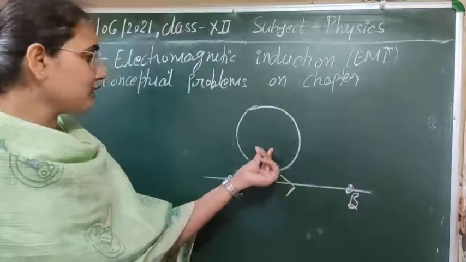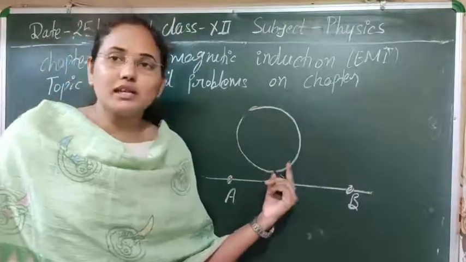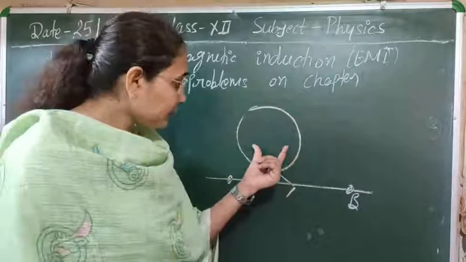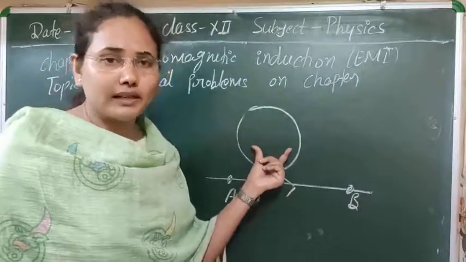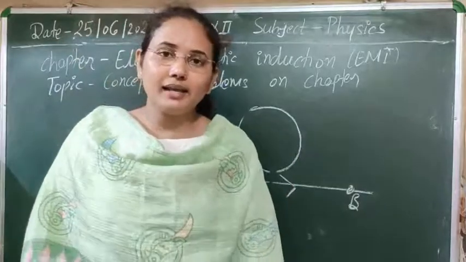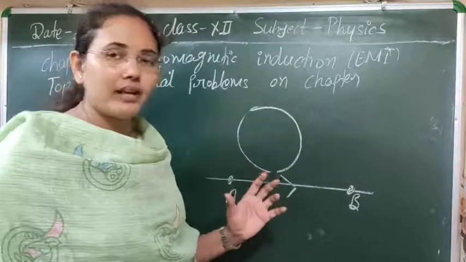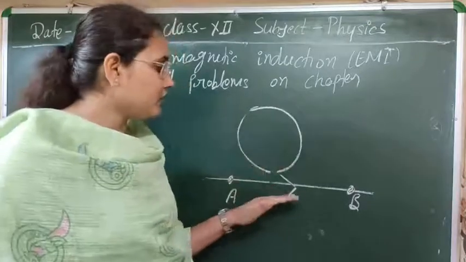As induced EMF is produced in this coil, and it is a closed coil, obviously an induced current will be produced. So let's see what will be the direction of the current. The direction of current is given by Lenz's law, so according to Lenz's law, its direction will be such that it opposes the change in the flux.